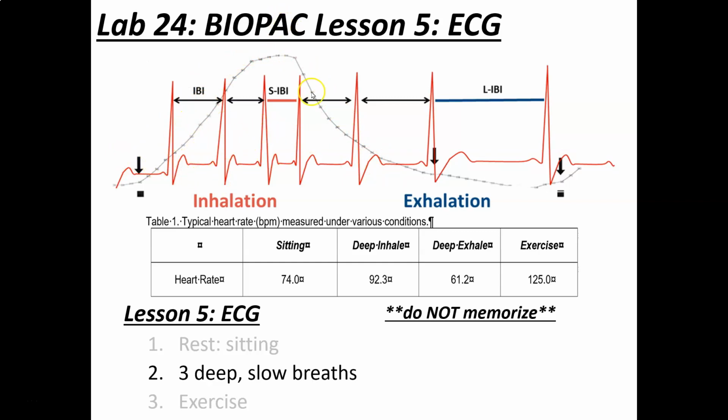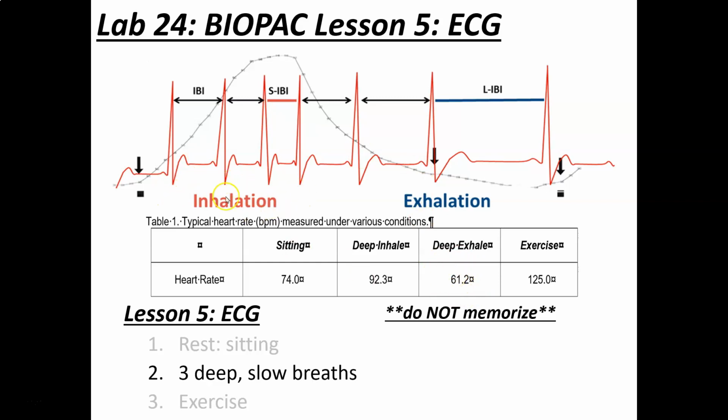When they exhale, notice the ECG gets farther apart in terms of the R-to-R waves. So if you were to measure the heart rate for inhalation for this subject, it went up to 92. And then during exhalation, it went down to 60, 61.